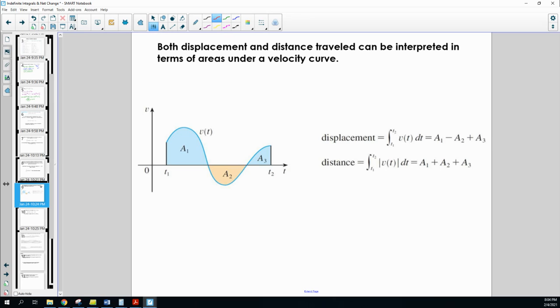Again, just a review. So displacement would be a1 minus a2 plus a3, because a2 is below the x-axis, it's going to be negative. The total distance traveled is the absolute value. So even though a2 is negative because it's below the x-axis, we're going to make it positive because we have to include that in the total distance.